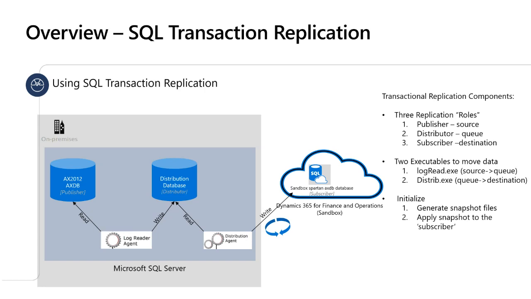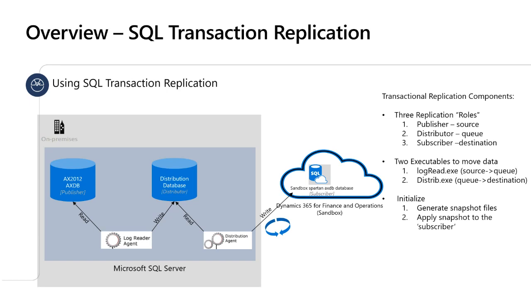Now there is one key concept of a snapshot. Once you set up your SQL transaction replication for the very first time, it generates a snapshot of your current AX2012 database and then moves this snapshot to the subscriber. This is a one-time process that may take time based on the size of your database.